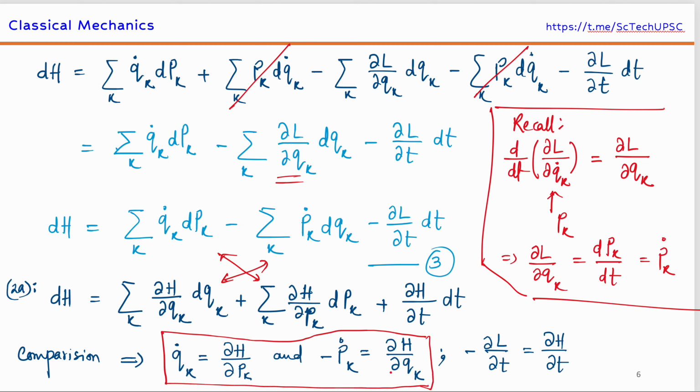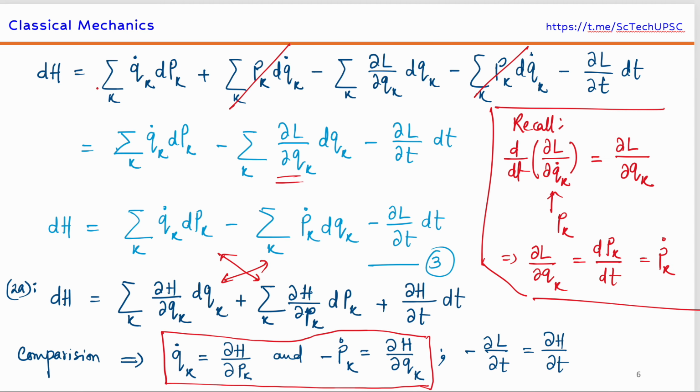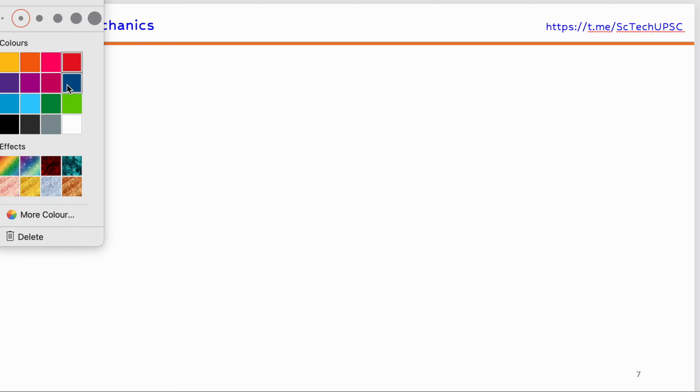Okay, so let me just write this here. So what we have said is qk dot is equal to del H by del pk, and negative pk dot is equal to del H over del qk.